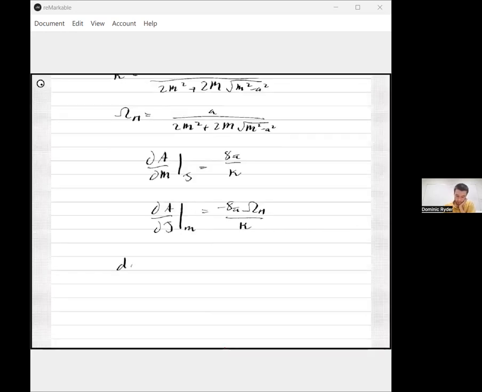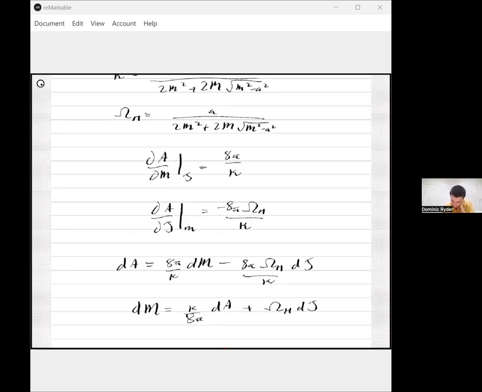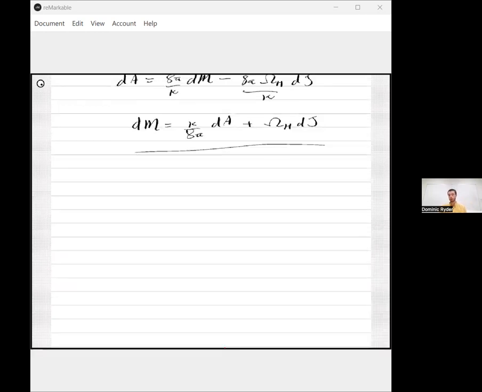So now, summing this all back in, dA equals 8π over κ dm minus 8π Ω_H over κ dj, which gives us back exactly what we want. So from the no-hair theorem, if we just take it as true, we get the first law back out again, which is a super nice proof.